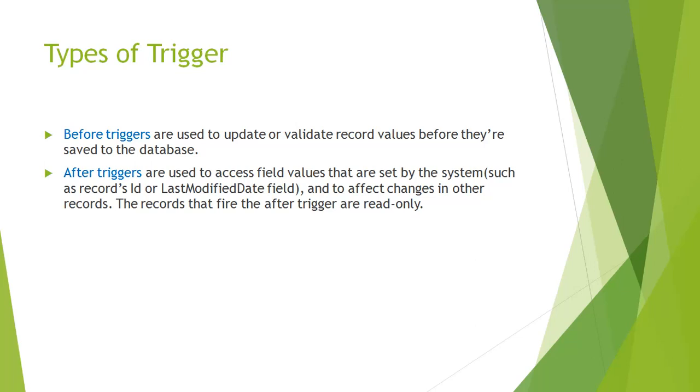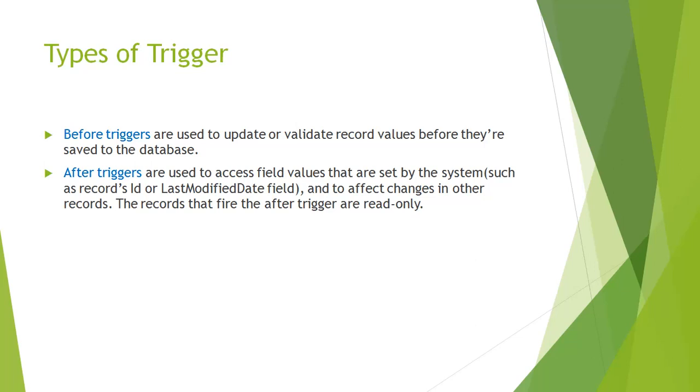Based on the events you specify, it is a before trigger, an after trigger, or a combination. If you specify before insert or before update, it is a before trigger. If you specify after insert or after update, it is executed as an after trigger. If you have both, it is a combination of before and after trigger.